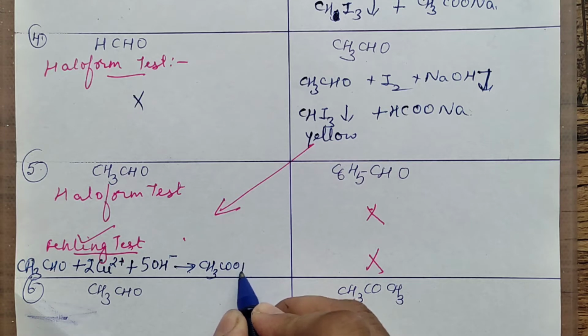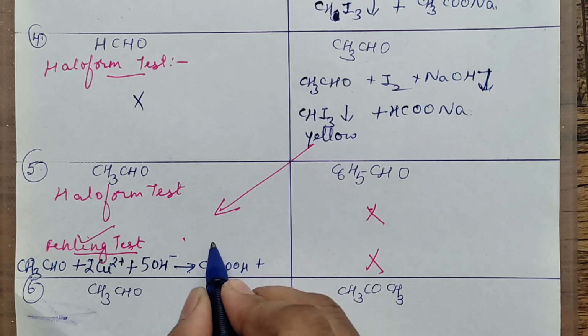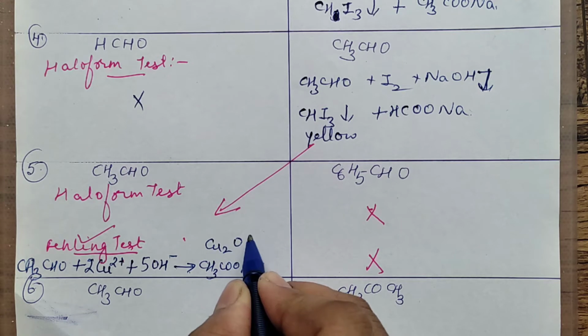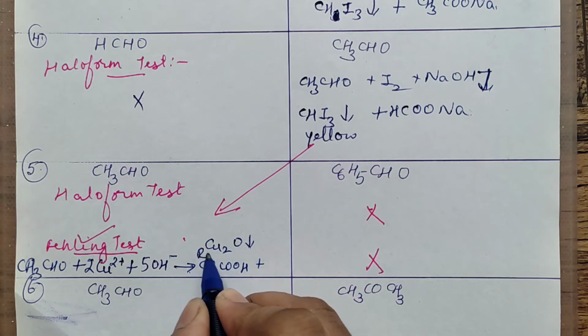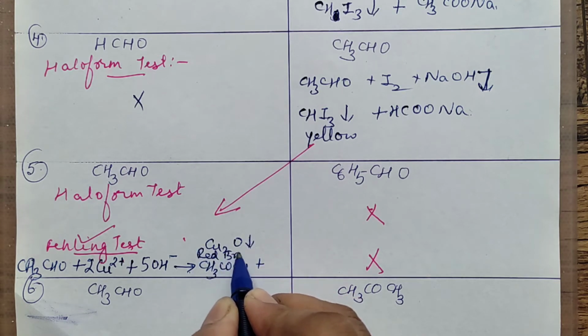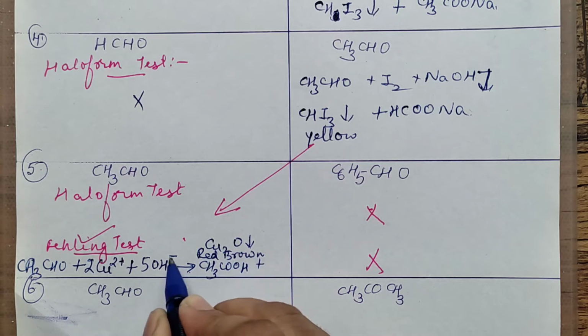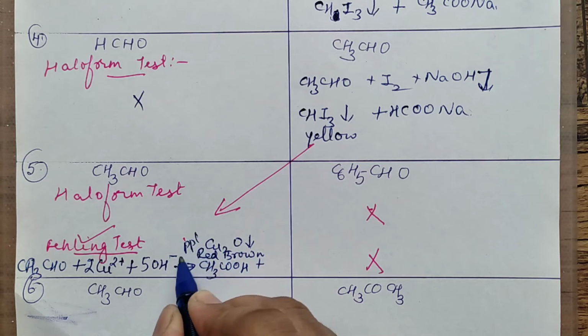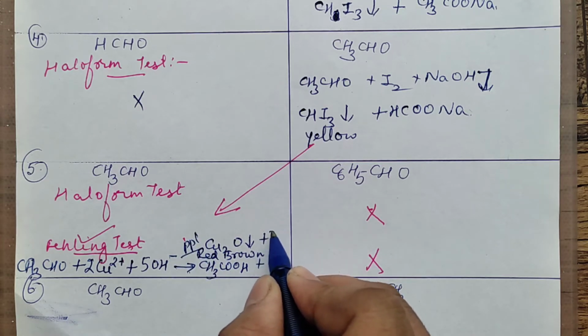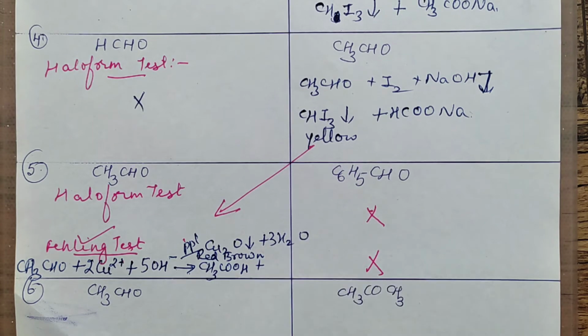You can write acid, plus you get Cu2O, which is a red-brown precipitate. Apart from that, you also get a water molecule.